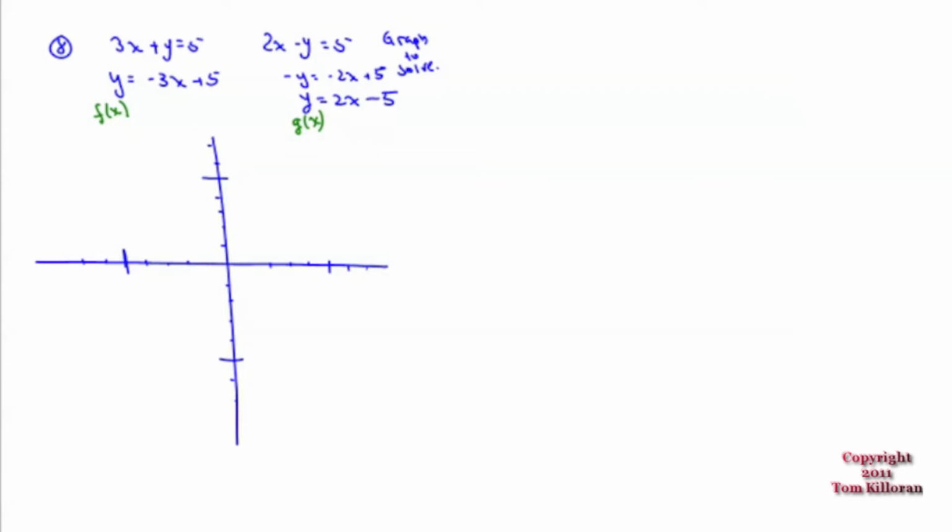All right, so let's do f of x first. F of x has y-intercept 0, 5. So you go up 5. You plot your point. And the slope is negative 3, but you want to think of it as negative 3 over 1. So from that point, you want to go down 3 and right 1.